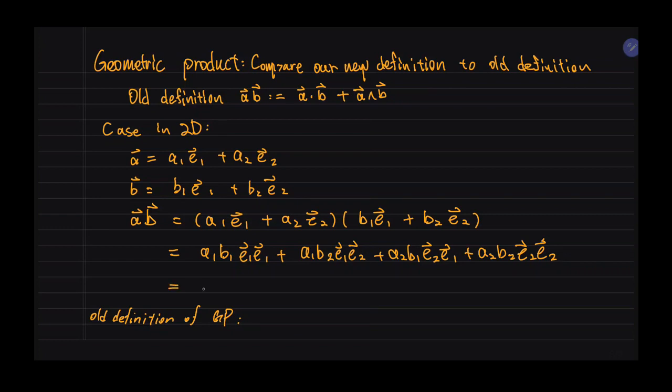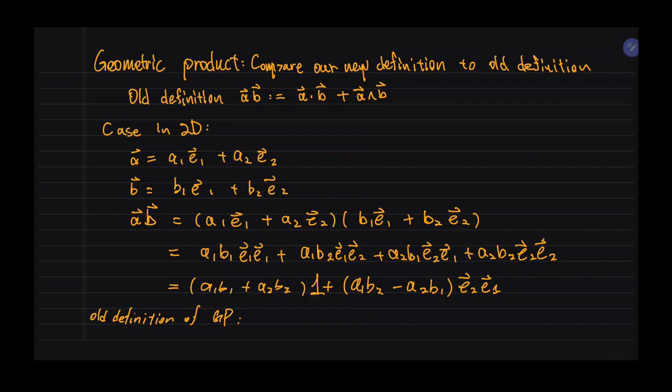It is equal to A1 B1 plus A2 B2, and then plus A1 B2 minus A2 B1 times e1 e2. So here we will have a scalar, and here we will have e1 e2.